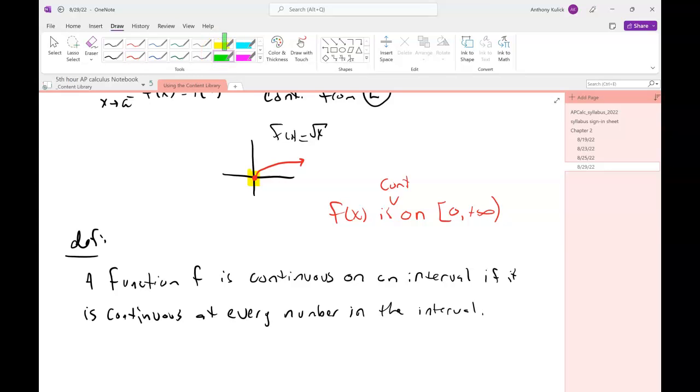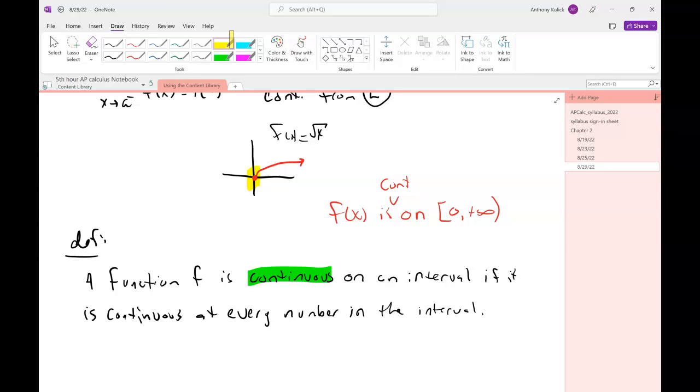Because when we say continuous on the interval, if we have an endpoint like this, when we say continuous at every number on the interval, we understand that to mean, for a function like this that is only one-sided, continuous from the right or continuous from the left at that endpoint, whatever it needs to be.